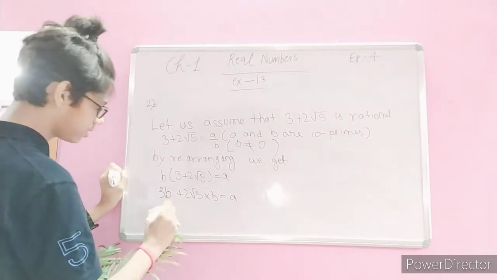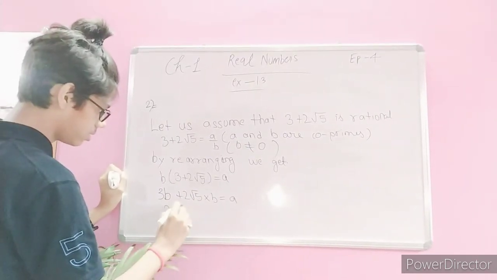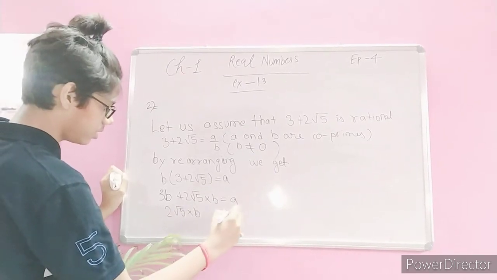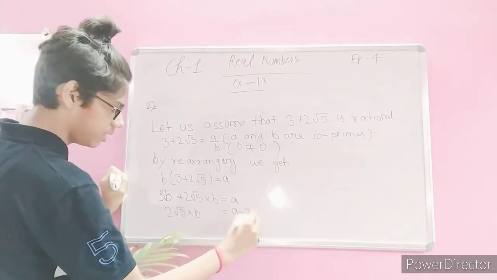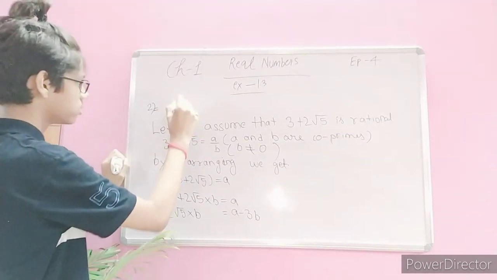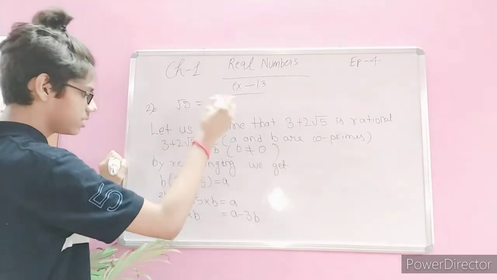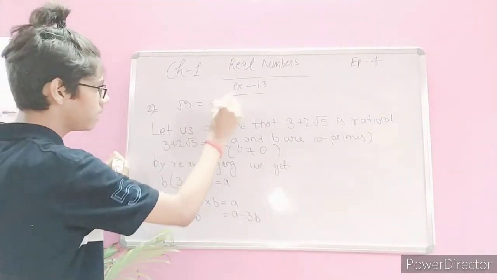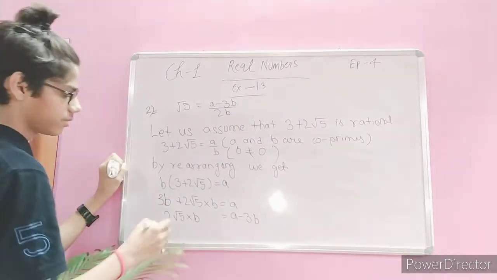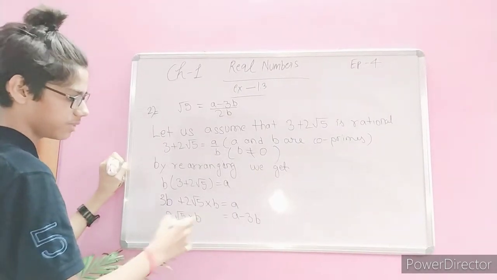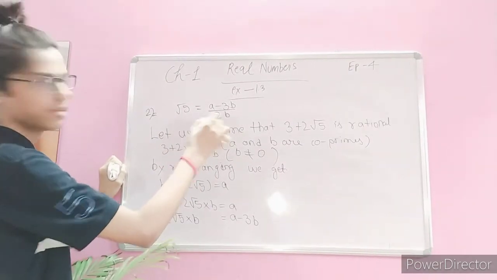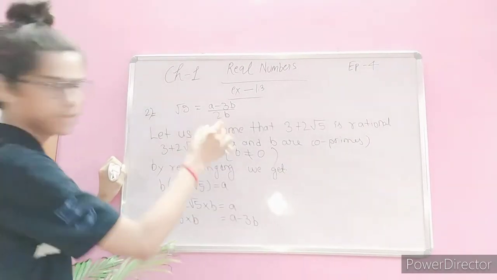So here we will write 2 root 5 into b is equal to a minus 3b. Okay, so root 5 is equal to a minus 3b upon 2b. Okay, we have transferred this 2 and this b which are in multiply in here, then it will be divided.